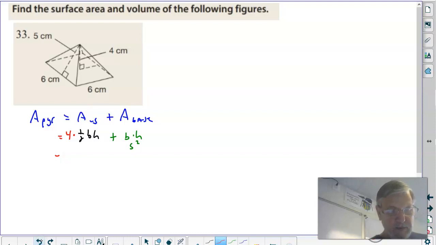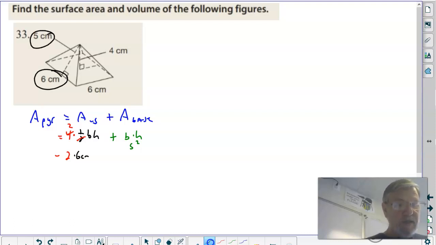All right, so let's see how this works out. Here, let me go backwards. I can do the 4, 2 goes into 4 twice, so that becomes a 2. My base is 6, right, of my triangle. And see the height, they told me that perpendicular distance is 5 centimeters. Okay, good.